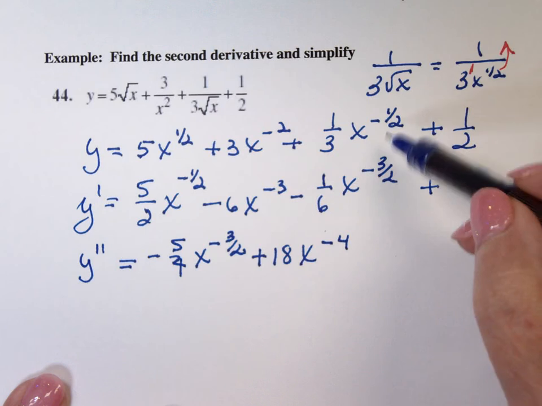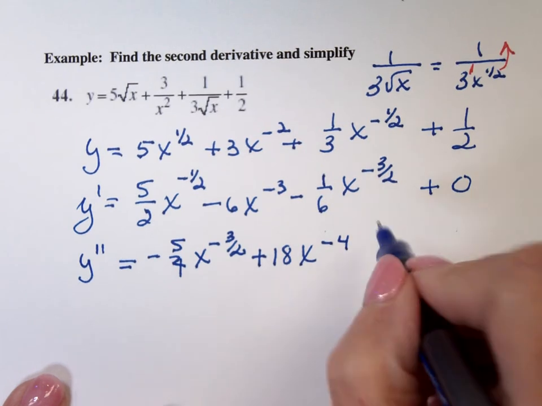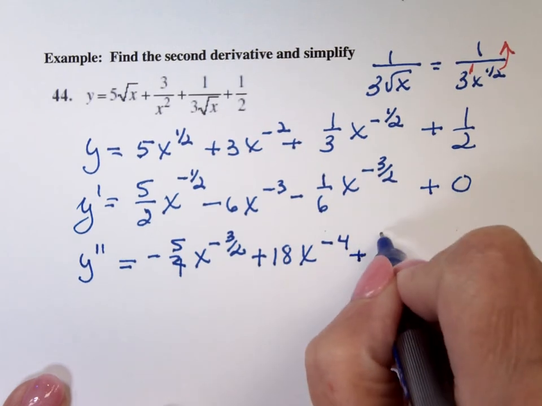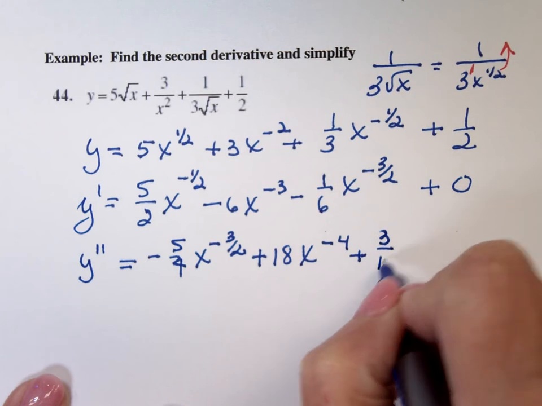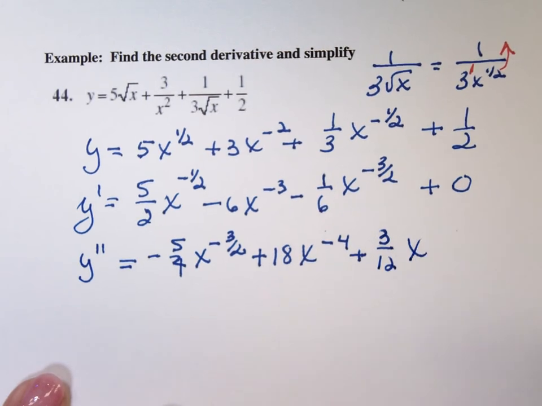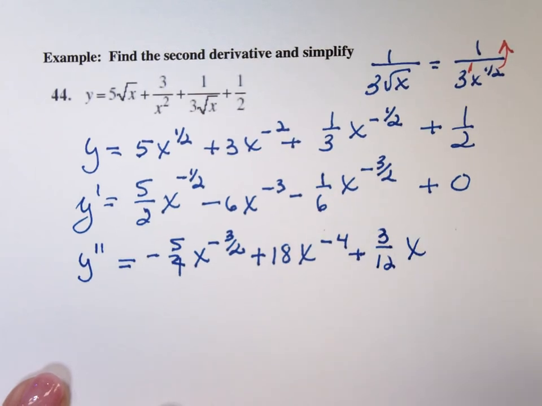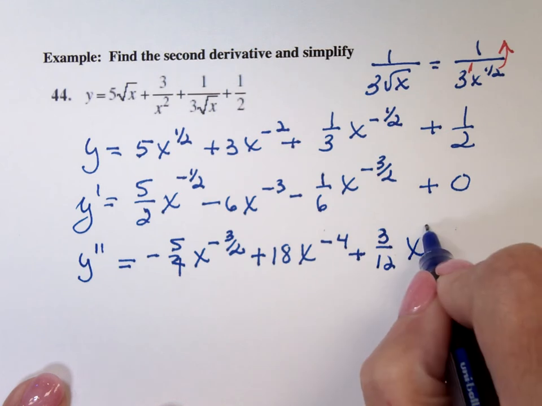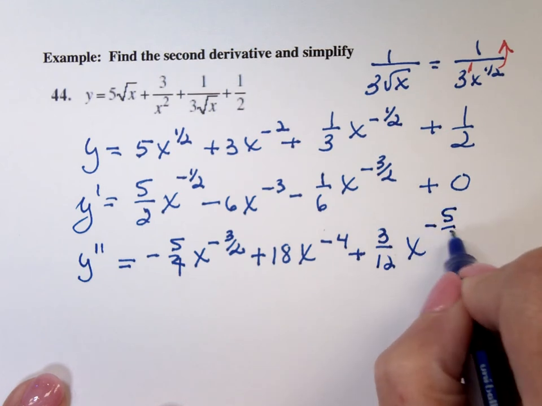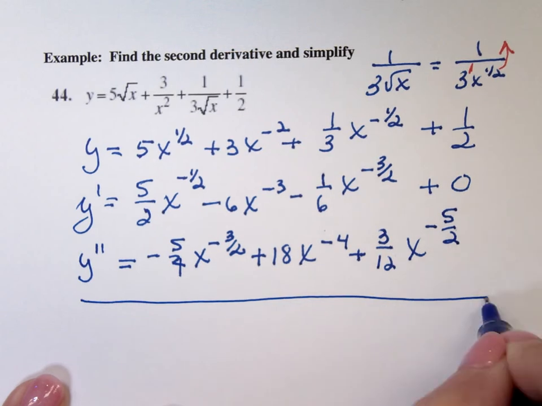Negative 1/6 times negative 3 halves is positive 3 over 12, x to the negative 3 halves minus 1. So negative 3 halves minus 2 halves is negative 5 halves. And that's your second derivative right there.